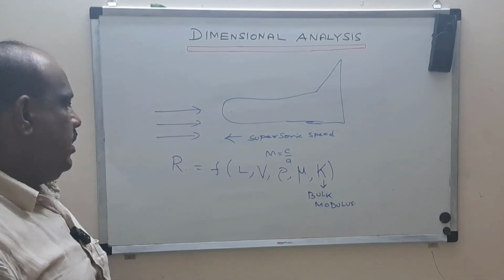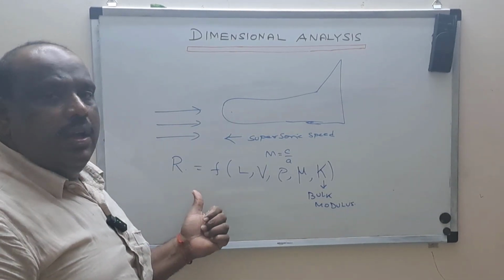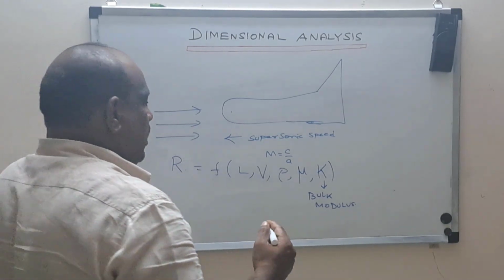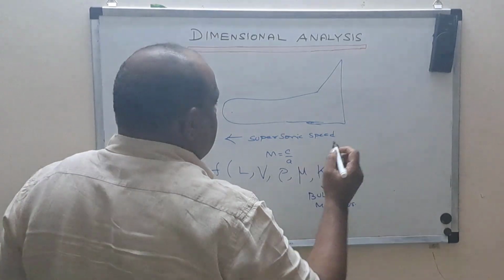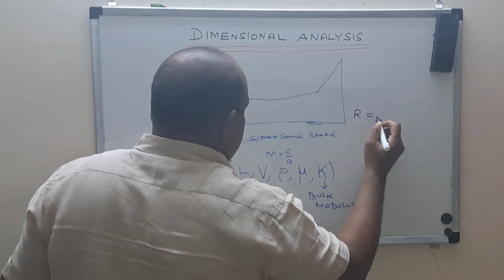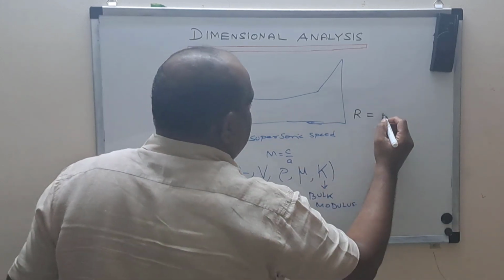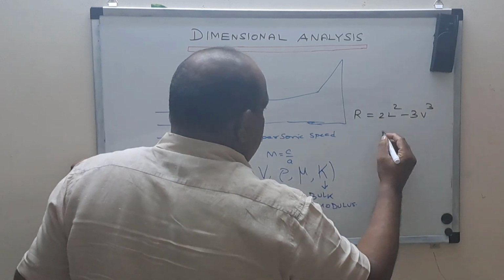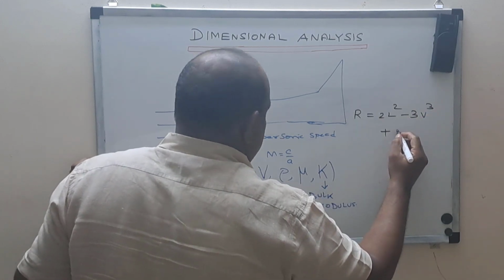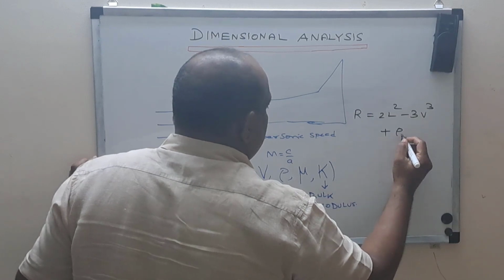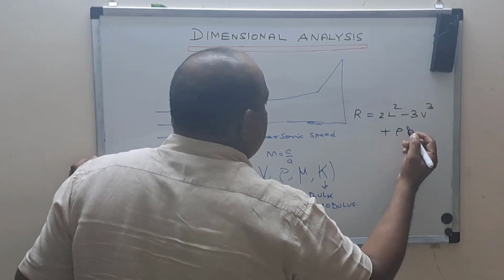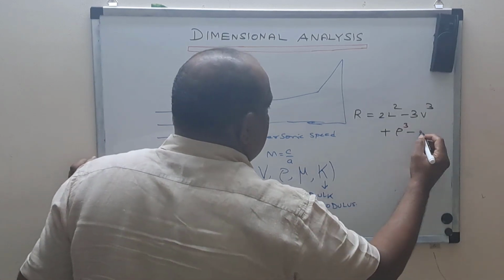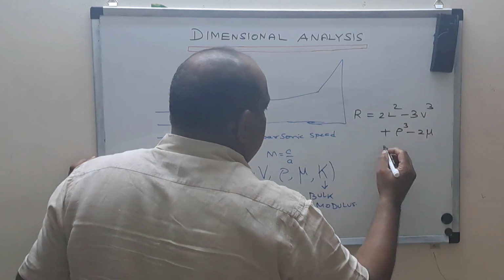Continuing further, we see that the resistance force offered to the flight depends upon these variables. Otherwise, we can also write it like this. Now, R is a function of these parameters, which means it can be, say, 2L squared minus 3V cubed plus rho into something, plus rho cubed, some variables, minus 2 mu plus k.